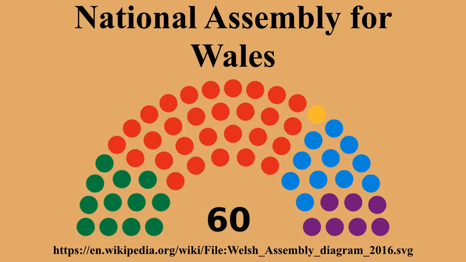Those subjects are agriculture, fisheries, forestry and rural development, ancient monuments and historic buildings, culture, economic development, education and training, environment, fire and rescue services and promotion of fire safety, food, health and health services, highways and transport, housing, local government, public administration, social welfare, sport and recreation, tourism, town and country planning, water and flood defense, Welsh language.